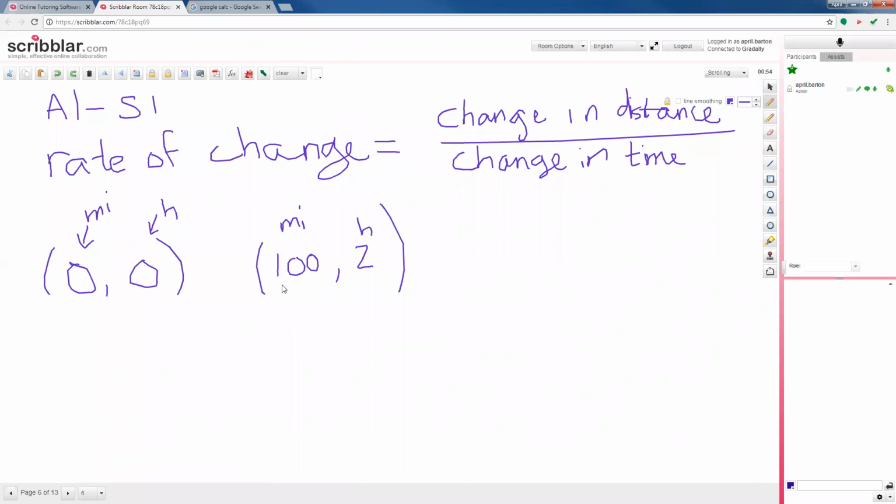The change in distance, I totally put this upside down. Sorry, this happens when I try to make stuff up on the fly. No, change in distance over change in time. Sorry, I'm trying to make sure I have this in the right order. It should be the y values over the x values. We definitely want to divide by time. So I think I switched this order. It should be 2 hours and 100 miles. Let me fix that.